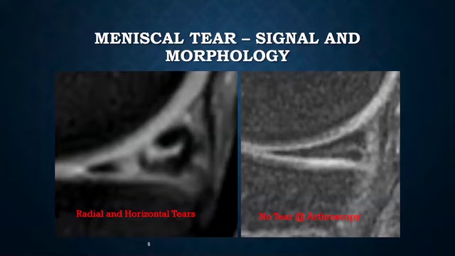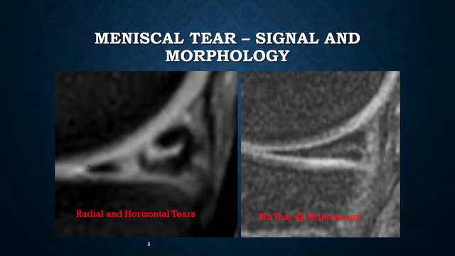Now, when looking for meniscal tears, you're going to want to look for a combination of signal and morphology. What I mean by signal is that we're looking for fluid signal intensity that's linearly oriented and is unequivocally contacting or breaching a surface of the meniscus.